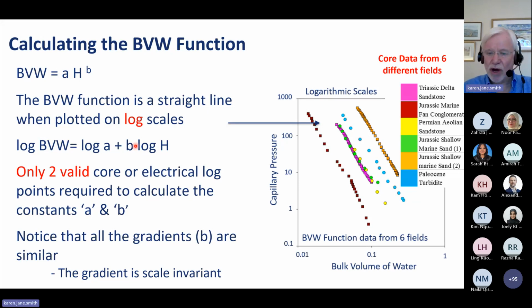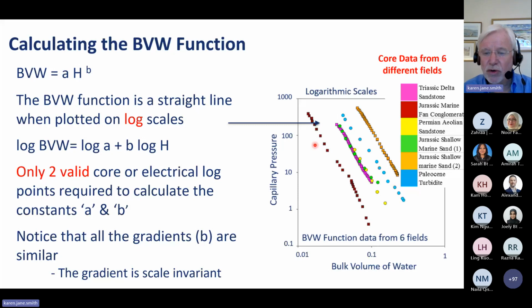Now we can show that on a cross plot. This is real data from the North Sea in 6 very different reservoirs, very different environmental settings, different fluids. And what we see is that on a log-log scale, as we expect, all the core data falls on a straight line, right?